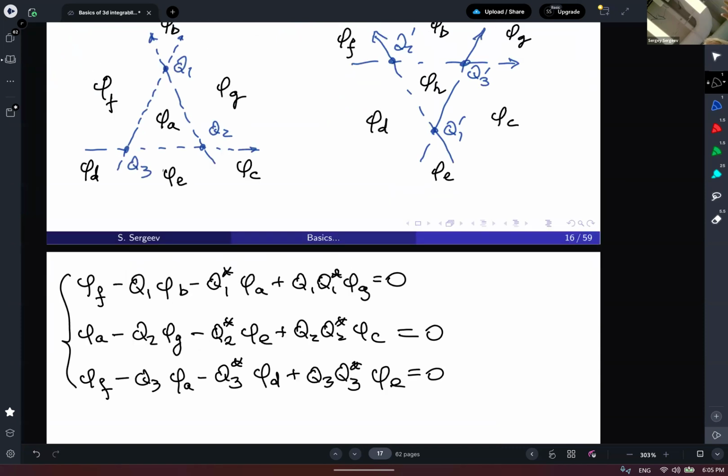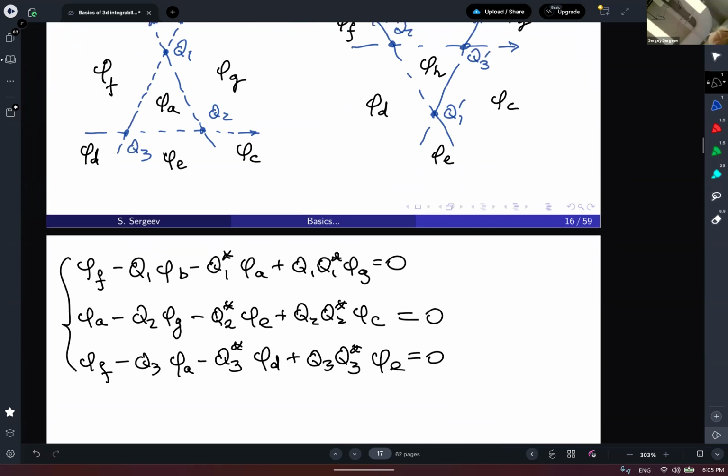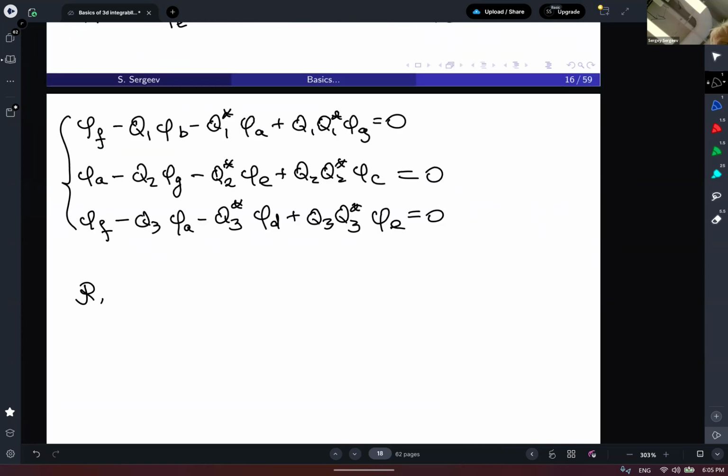It's not difficult to find the consistency conditions and find explicitly what the map from the left-hand side to the right-hand side looks like.